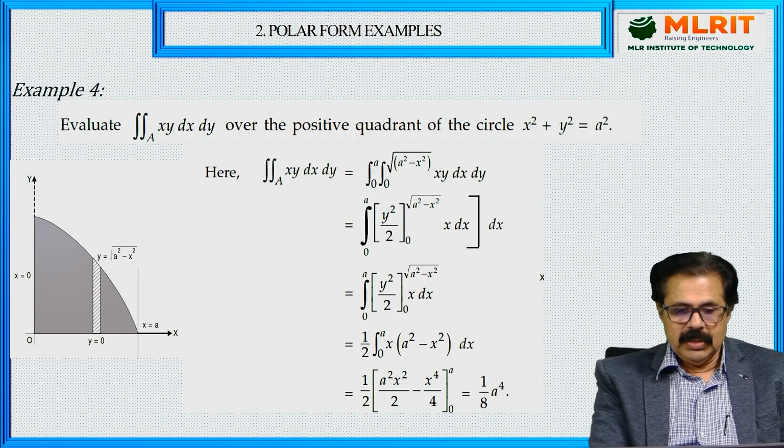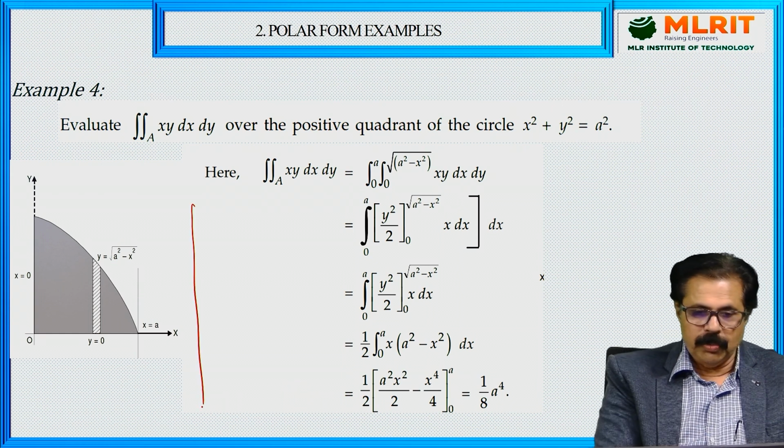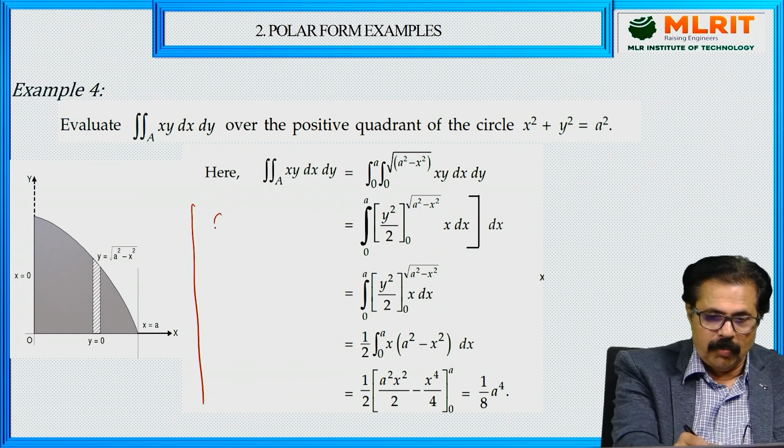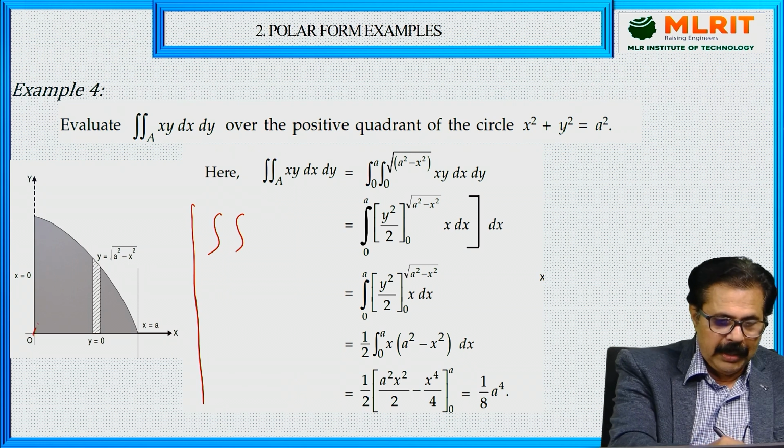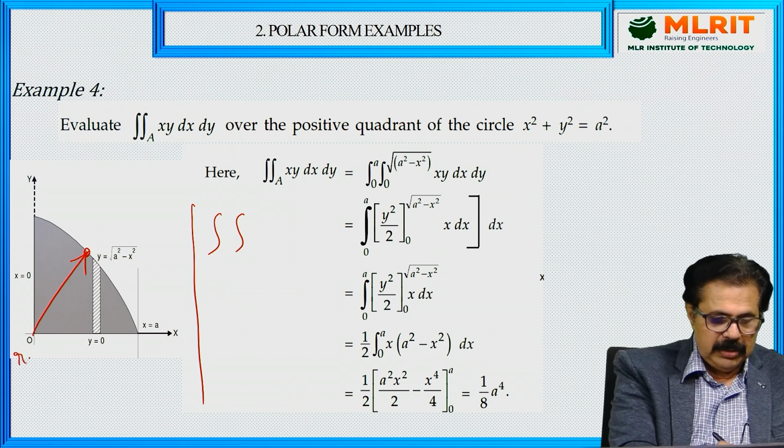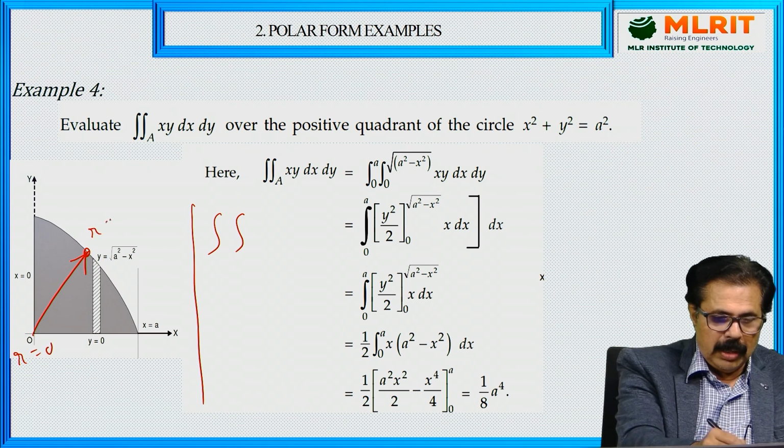Let us rub that off and see what happens if you convert this whole thing into polar form. Now you have to take an arrow, and this is r equal to 0, r equal to a.